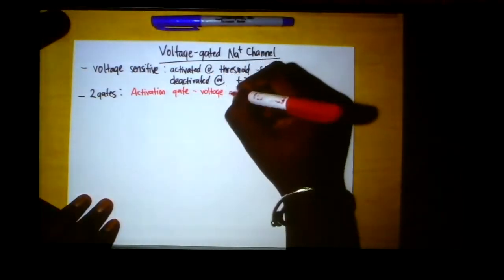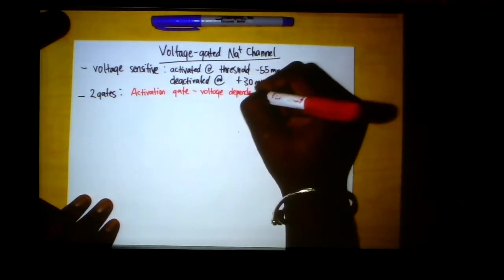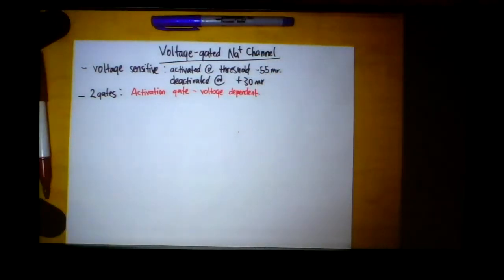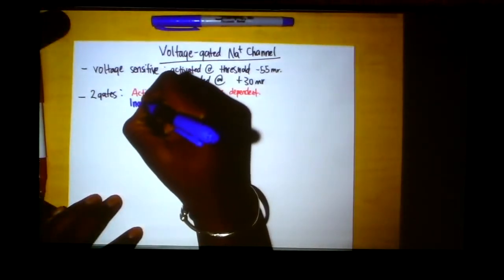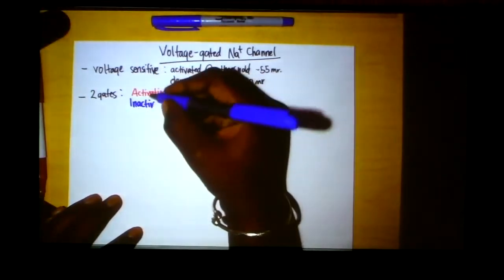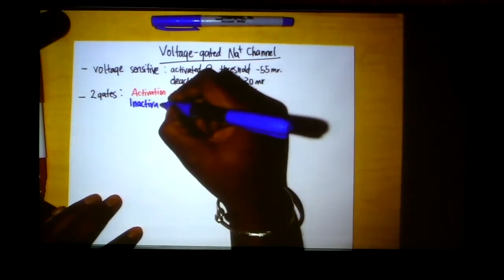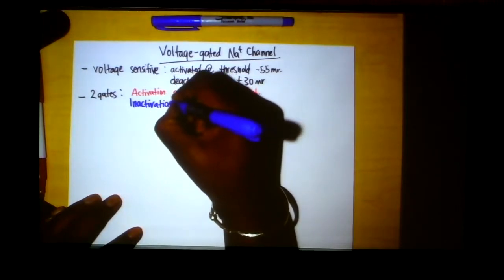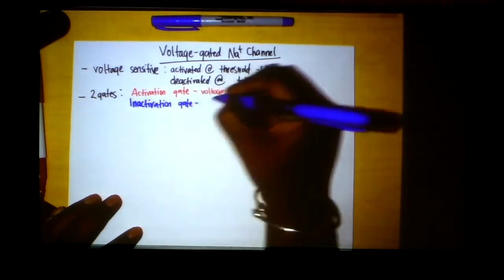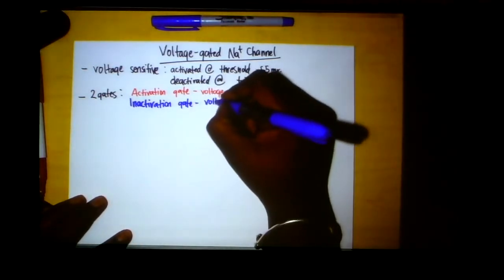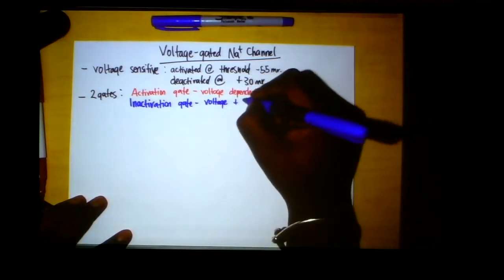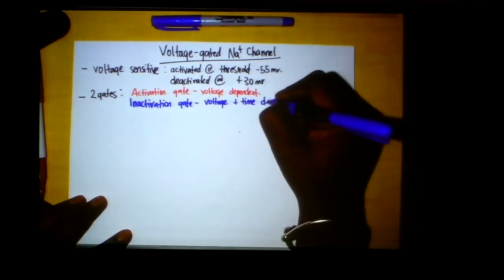Voltage only. Alrighty. And then there is an inactivation gate, right? So on the same channel, two gates. One is an activation gate, one is an inactivation gate. The inactivation gate is voltage and time dependent, right? So voltage and time dependent.